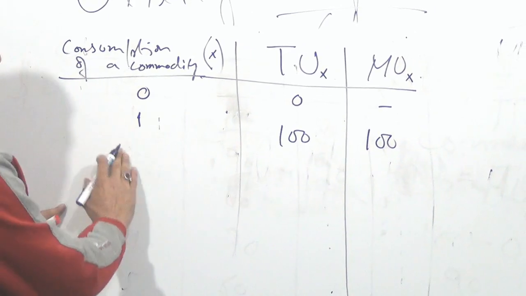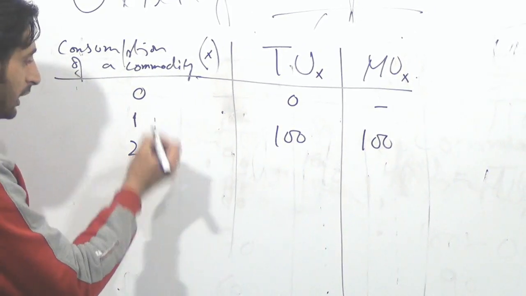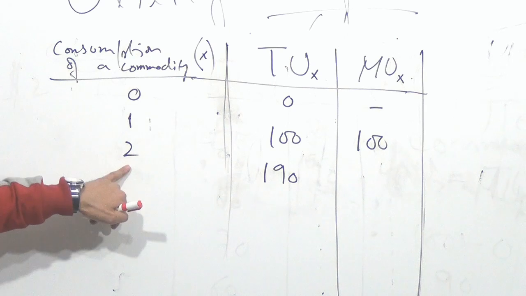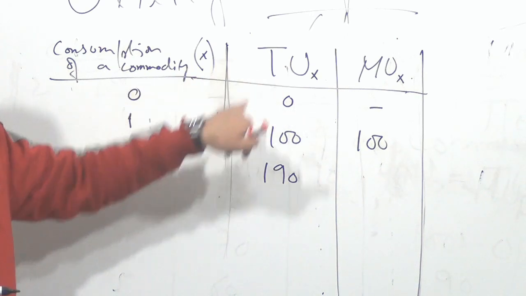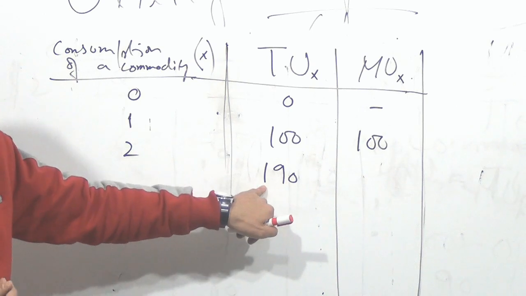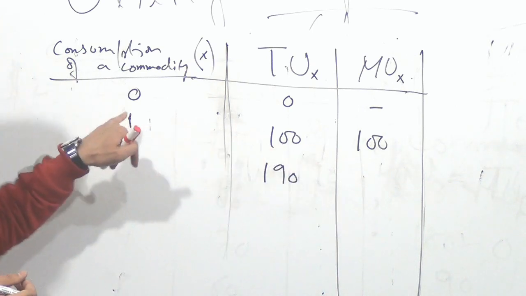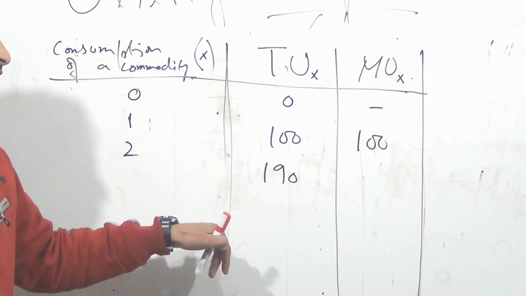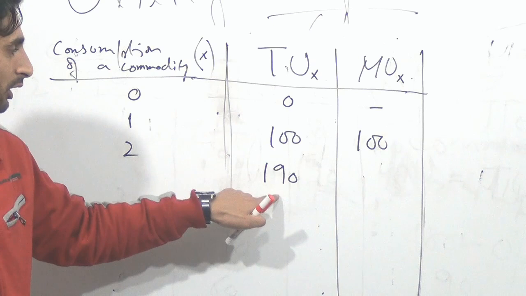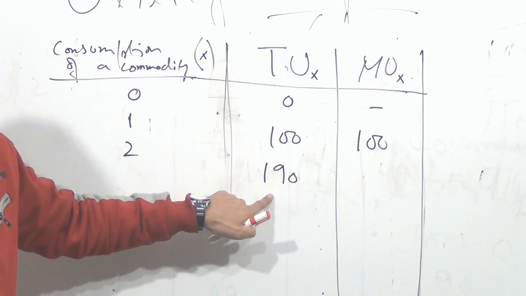Now the second unit is a bit more interesting. When I am consuming the second unit, it is imparting me a total utility of 190 utils. That means the 100 utils from the first unit and the addition of 90 utils from the second unit. Why is it only 90? Why is it not exactly 200?